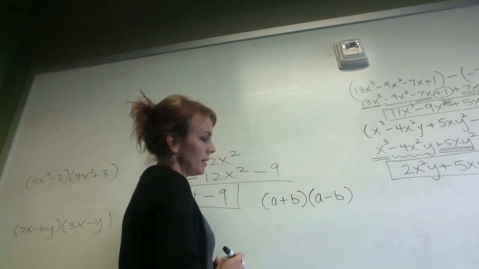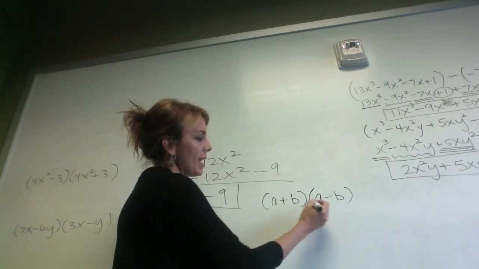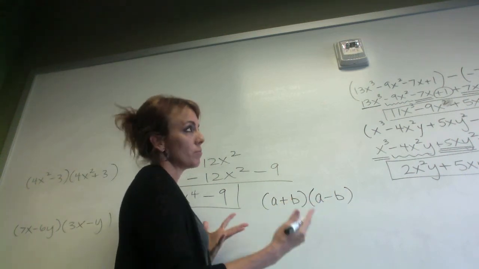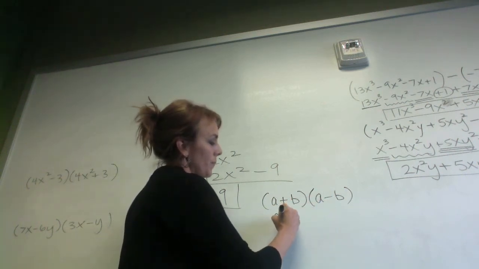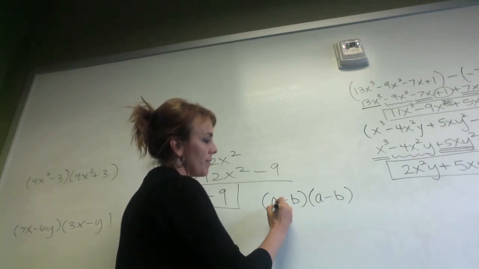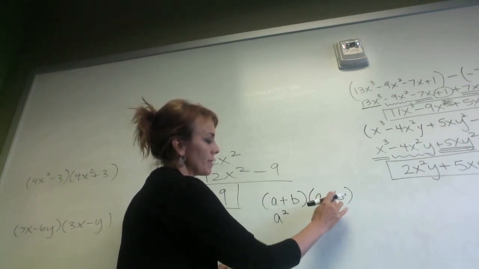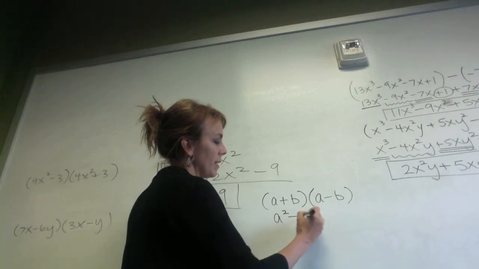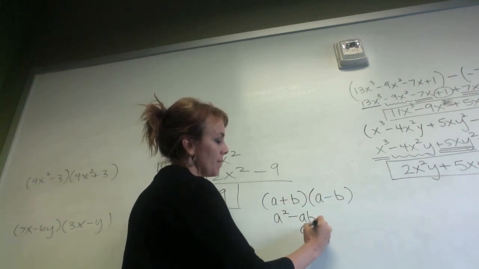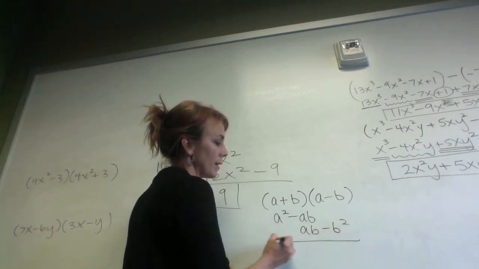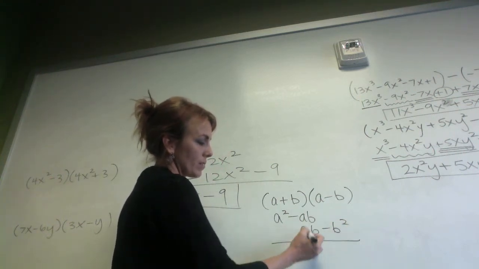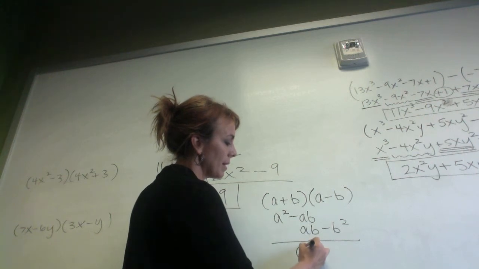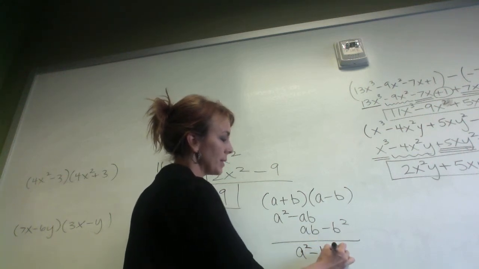All right, let's just multiply this out, just the variables. A plus B, A minus B: I have A times A, A squared, A times negative B, negative AB. B times A is AB, and B times negative B is negative B squared. And these, of course, are going to cancel, and so you're always going to be left with A squared minus B squared.